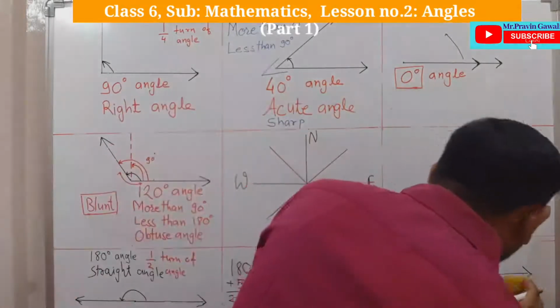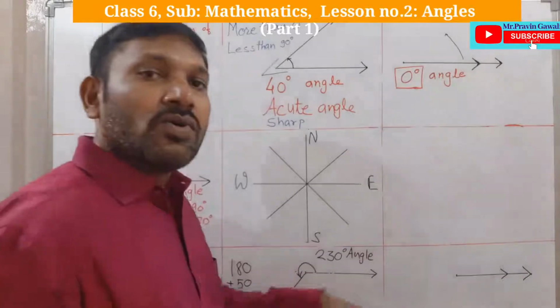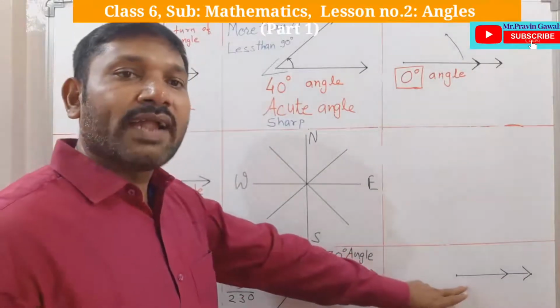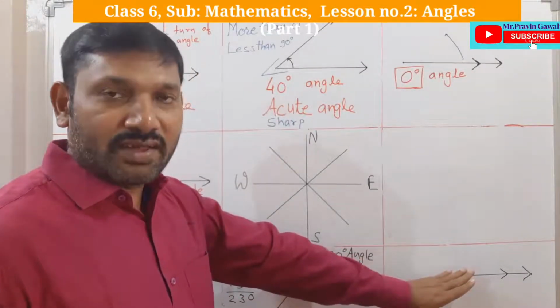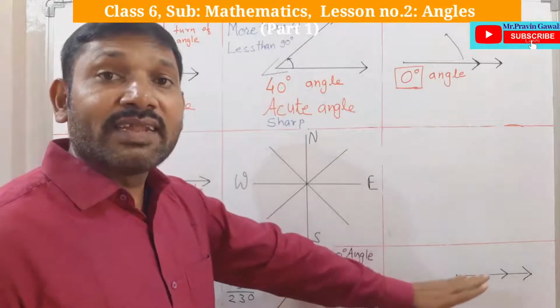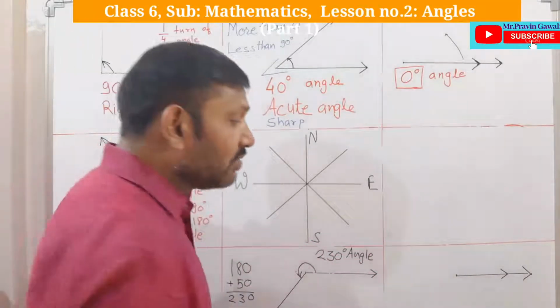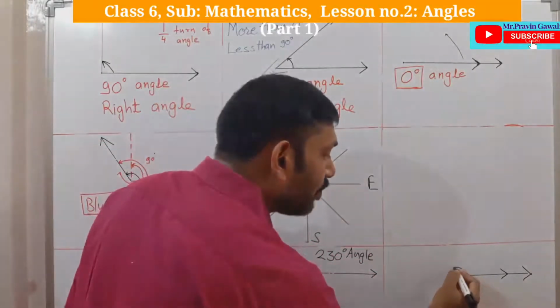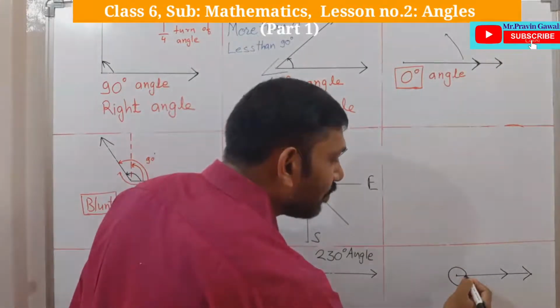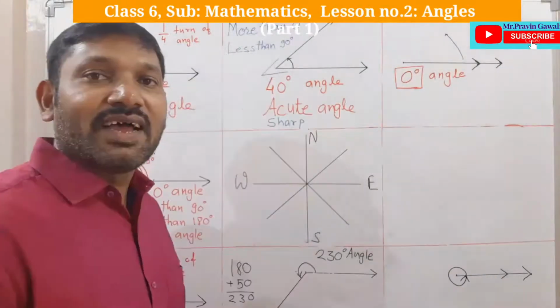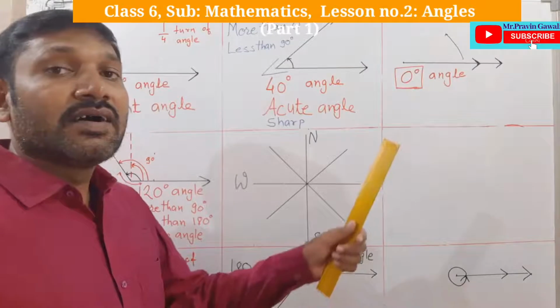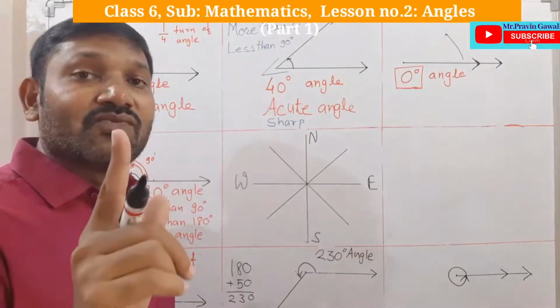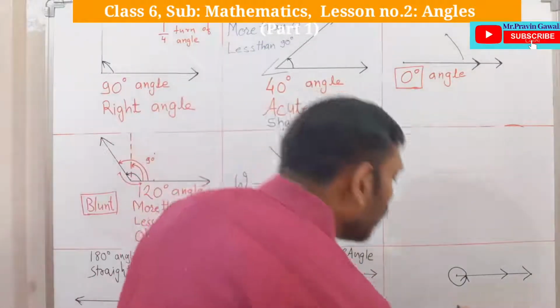Let's see. Now the two sticks or hands are overlapping on each other, in the same position. It means it completes one rotation of the angle. It completes one turn.